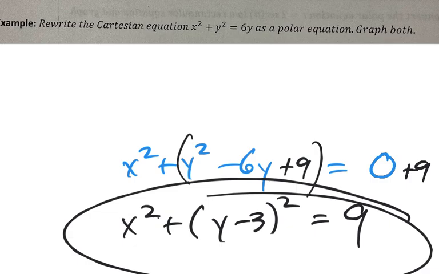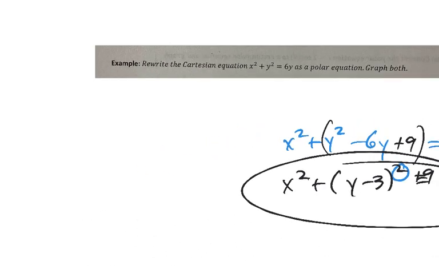This is a circle centered at (0, 3) with a radius of 3. But we don't want it in rectangular coordinates. We want it in polar coordinates. So you don't even need to know these steps anymore. This is the Algebra 2 stuff that you should have known.